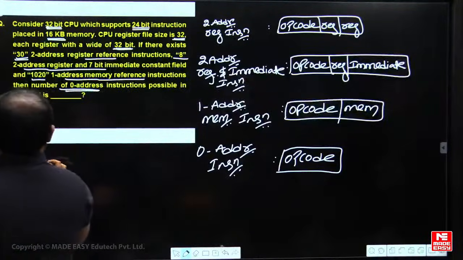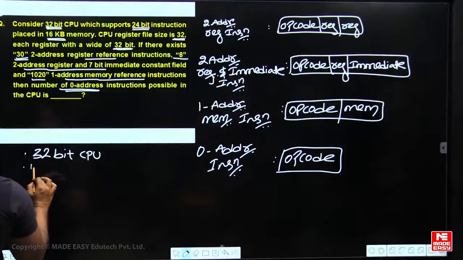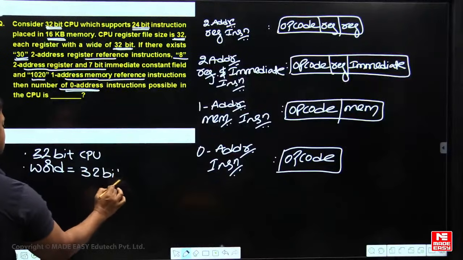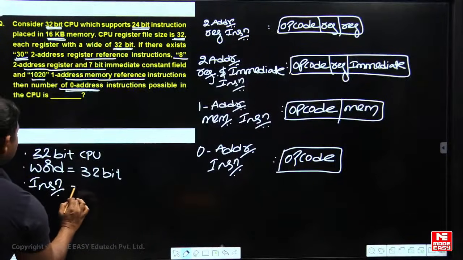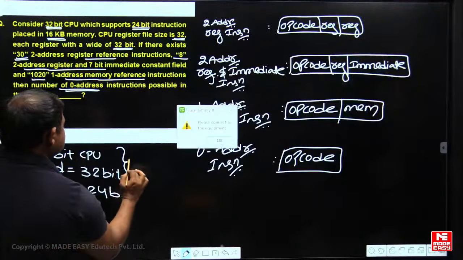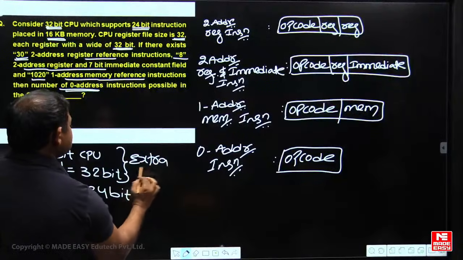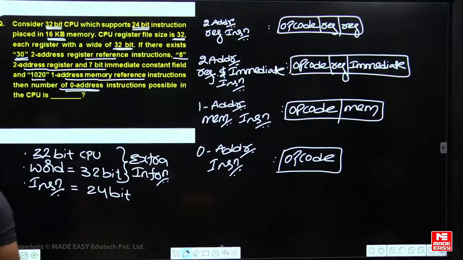So here a 32-bit CPU is mentioned. Therefore, word length is equal to 32 bits. Instruction size equal to 24 bits. So in this question, this word size is extra information. This extra information we don't want in the solution.